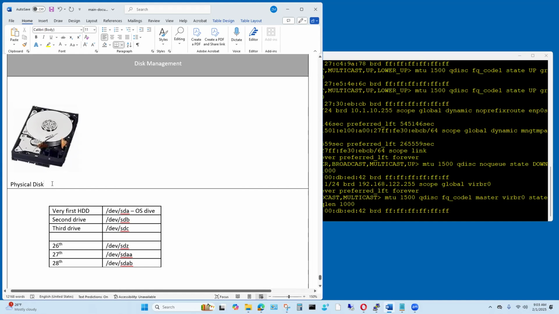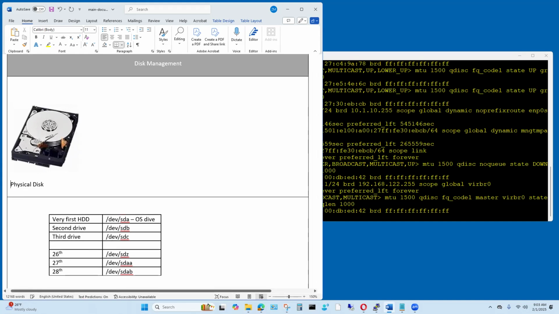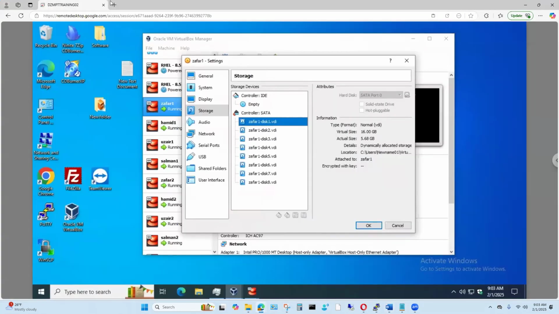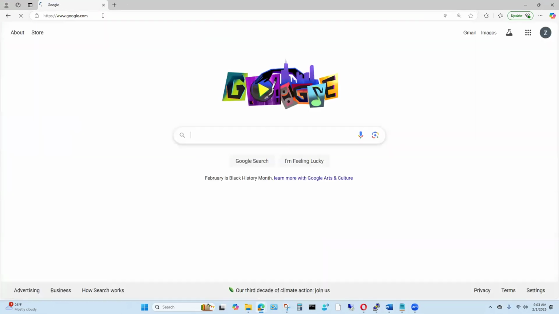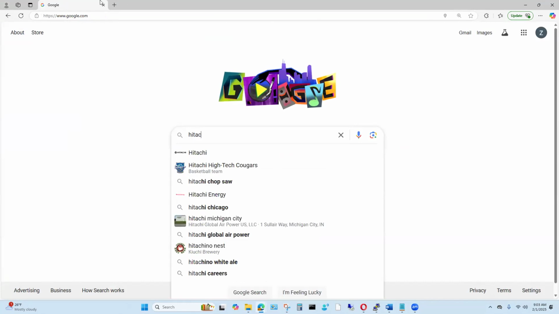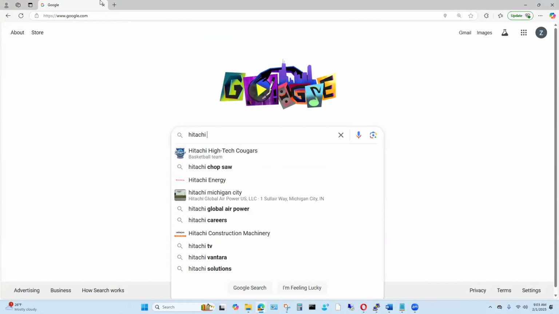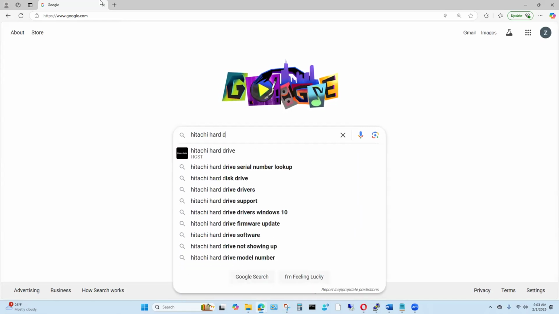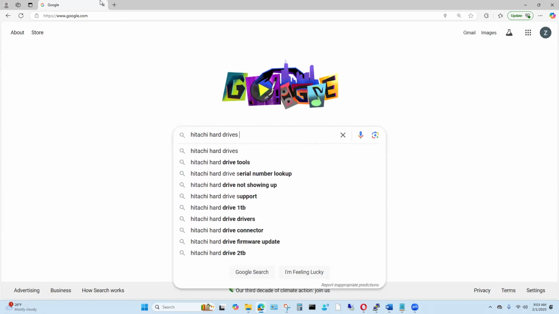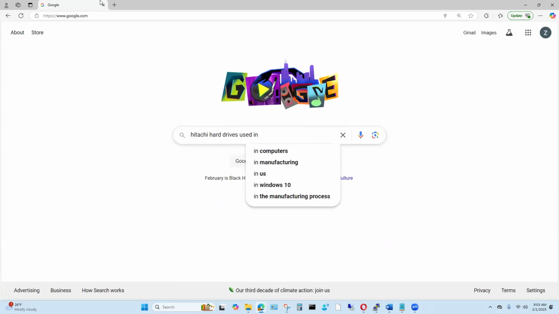When I worked at Apple here, they had a disk made by Hitachi, and I was told some of the disks might have cost $25,000. So let's put it in Google and see if that's true. Hitachi hard drives used in a data center.